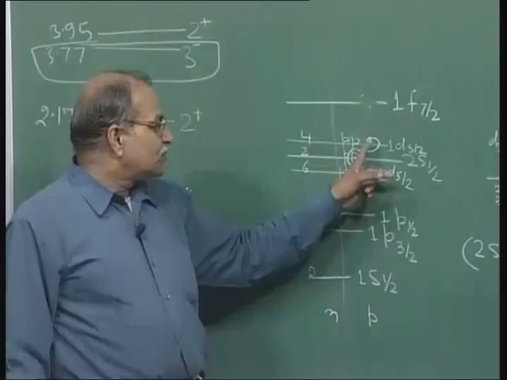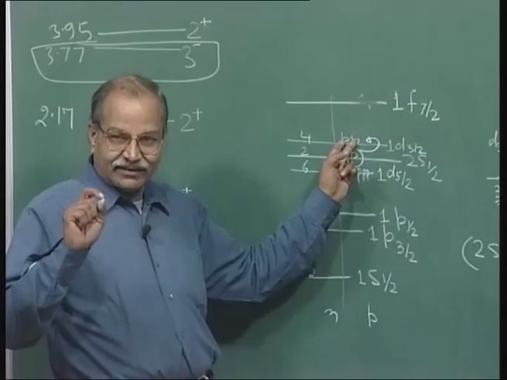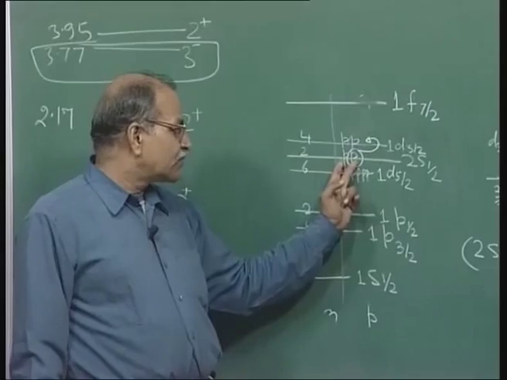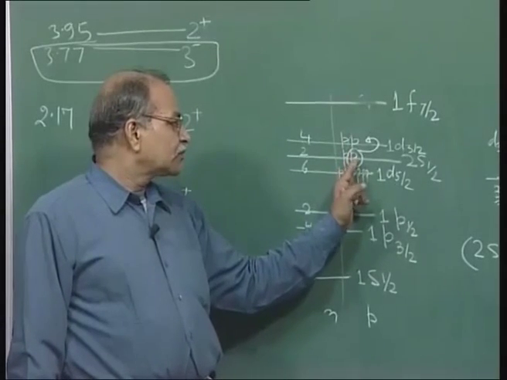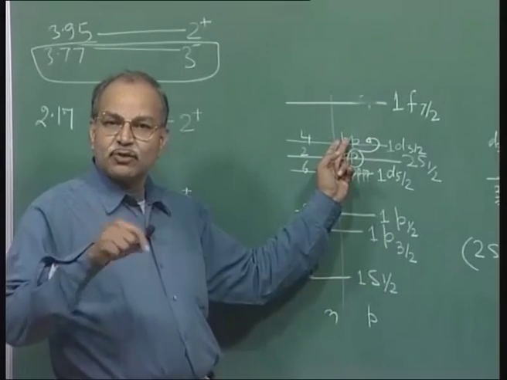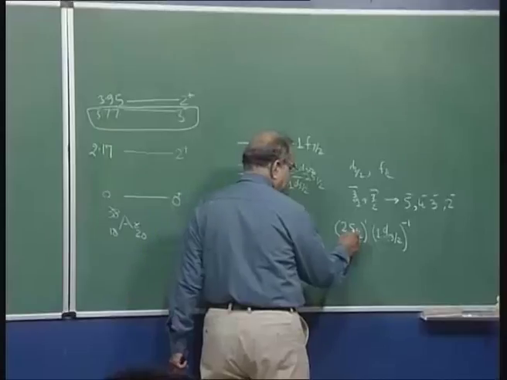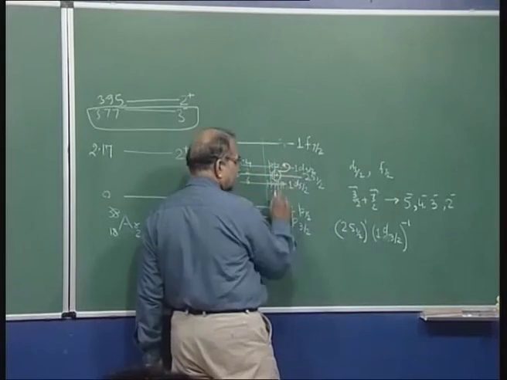If this proton goes here and we believe that this pair is still intact, this pair is broken and then this proton goes here, this pair is still intact, that means they are combining to 0 plus. Then you have 1 proton in S half, another proton in D 3 half.